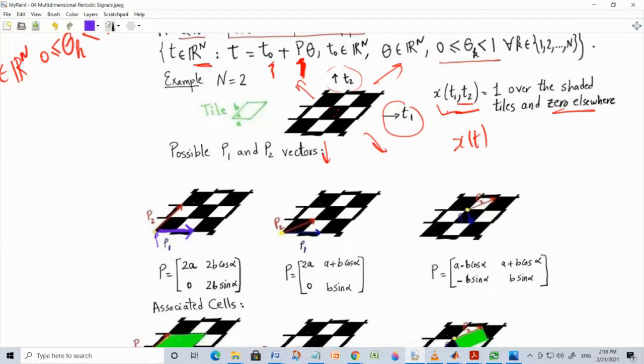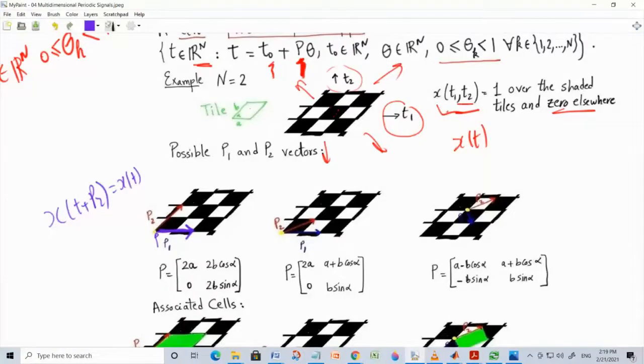This is applicable to any point in the 2-dimensional plane. So x of t plus B1 is equal to x of t. And another vector here, B2, is clearly linearly independent of B1, and it satisfies the same thing: x of t plus B2 is equal to x of t.